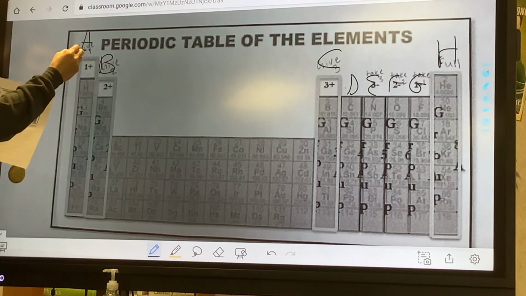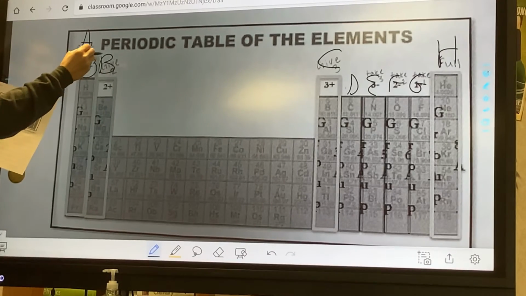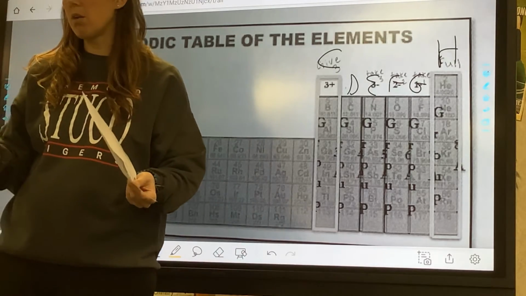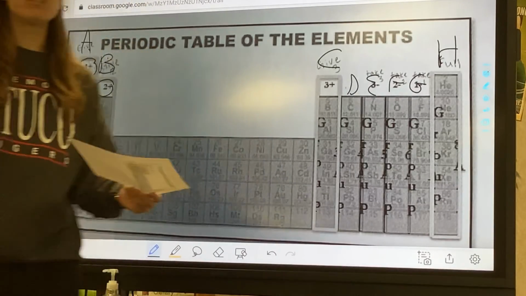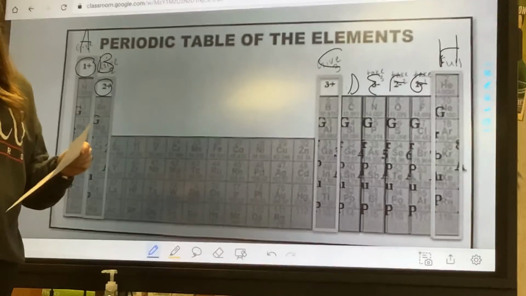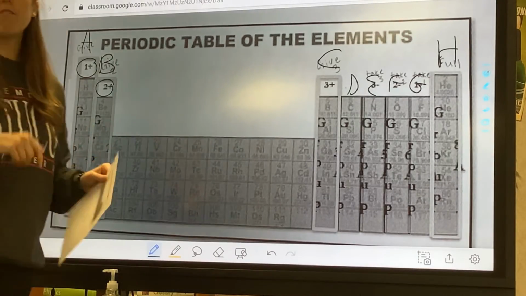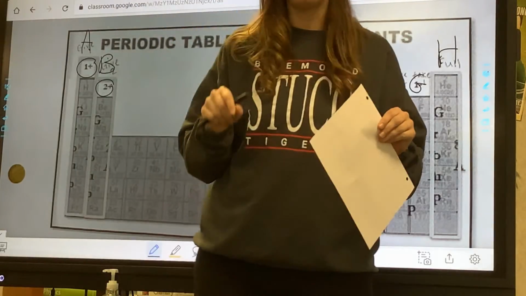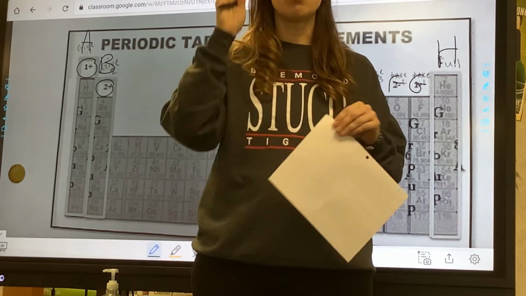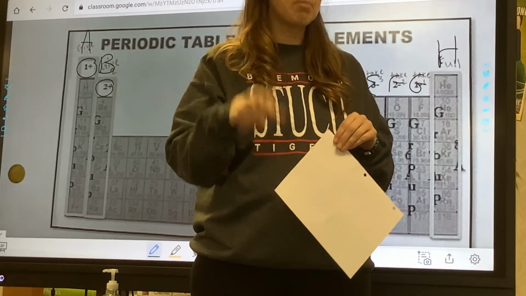Why does column A always have the +1? Why does B always have +2? Do you think you could answer me that tomorrow? And it's all based on how many valence electrons there are. You'll be in this classroom, you'll be able to look at that chart there. If you're not in this classroom, then you'll have a chart for you. Okay, so that is your quiz tomorrow.